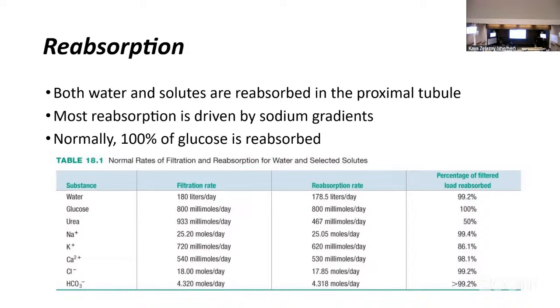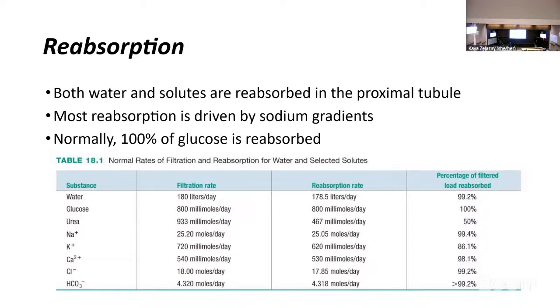We remember our sodium-potassium pump is a way that we set up a sodium gradient where we have low sodium inside a cell, higher sodium outside the cell. Then we can use that gradient to power secondary active transport of other molecules. So we're going to see a lot of sodium involvement when we look at reabsorption in the proximal tubule.